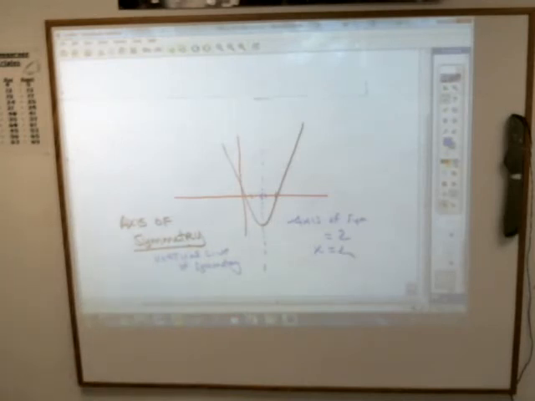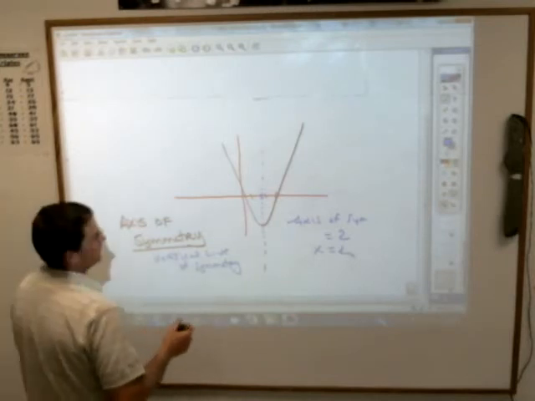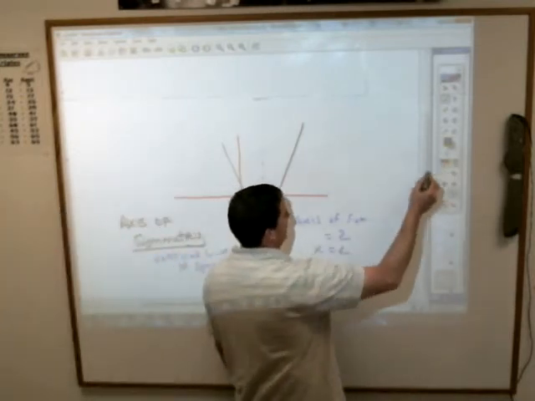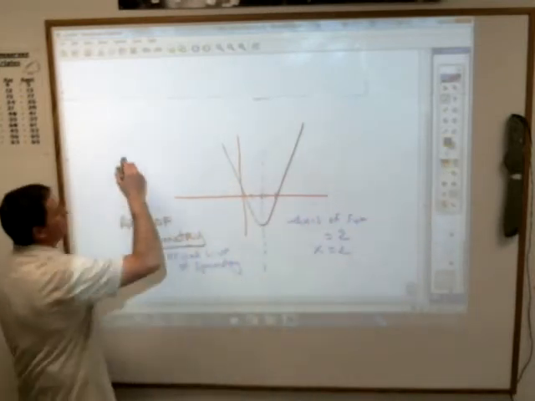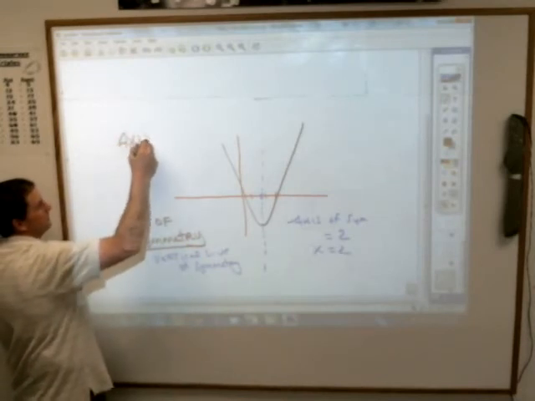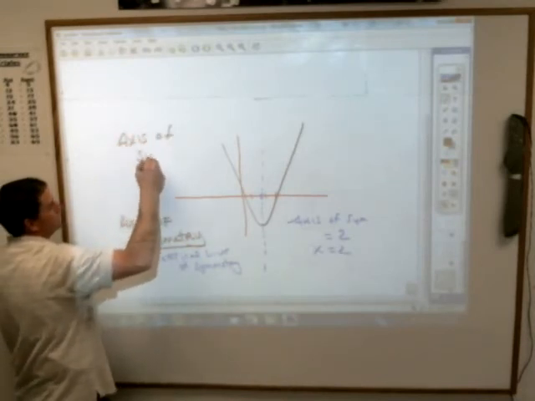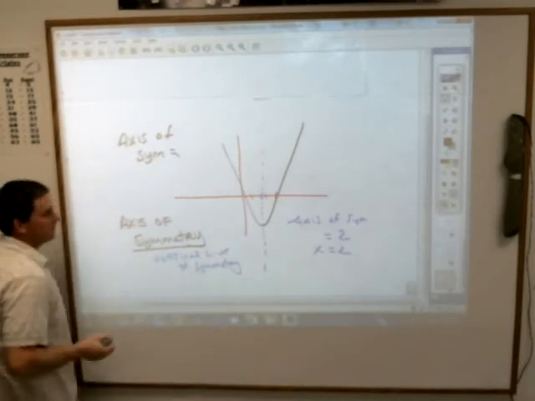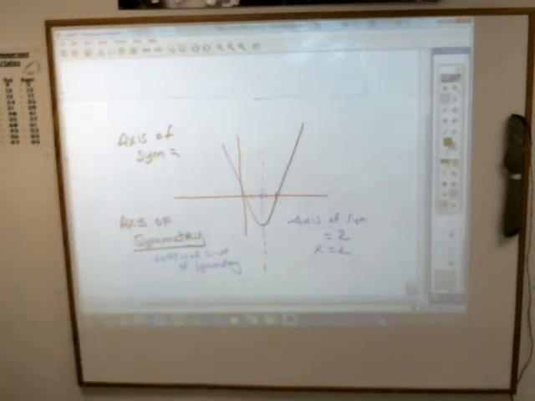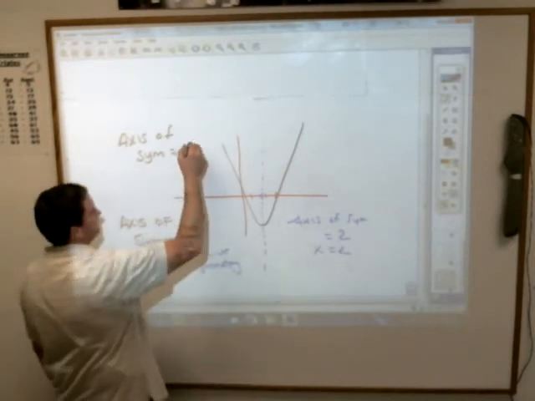Now generally speaking, you are going to be asked to find that axis of symmetry, and this is the formula you need to write down for that axis of symmetry. The axis of symmetry equals negative b over 2a.